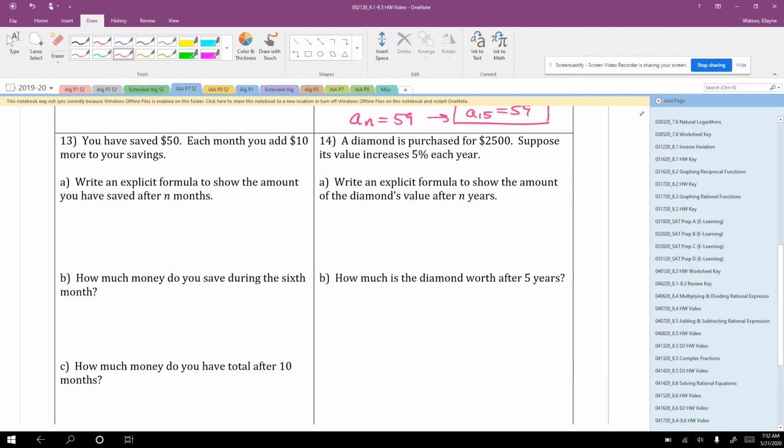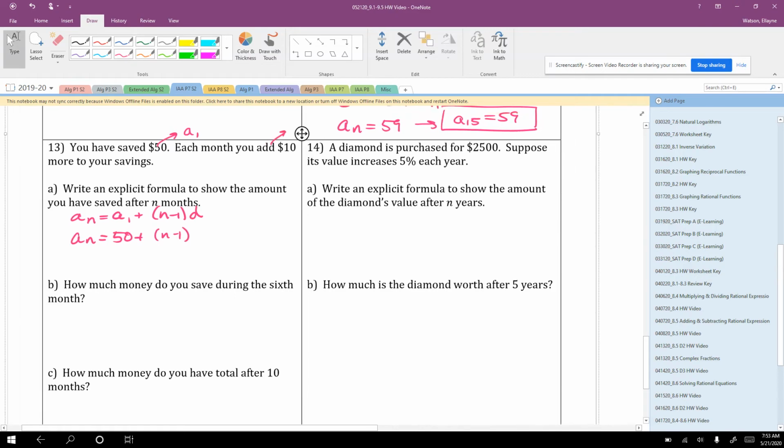All right. And so it looks like this. A sub n is equal to A sub 1 plus n minus 1 times d. So A sub n is equal to 50, so that's A sub 1, plus n minus 1 times 10, that's our d. Okay, and you could leave it like that.